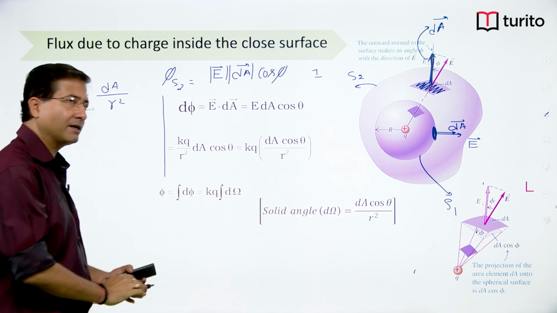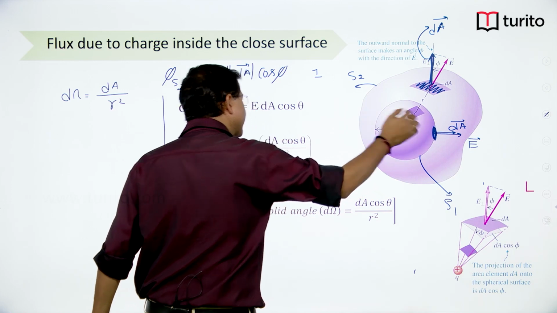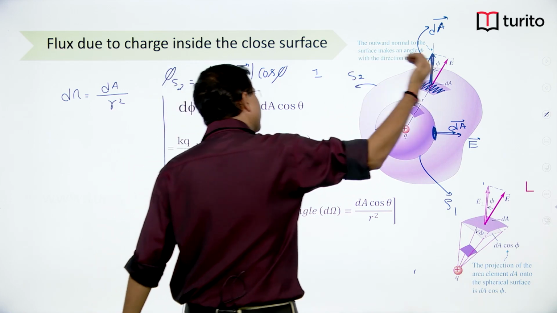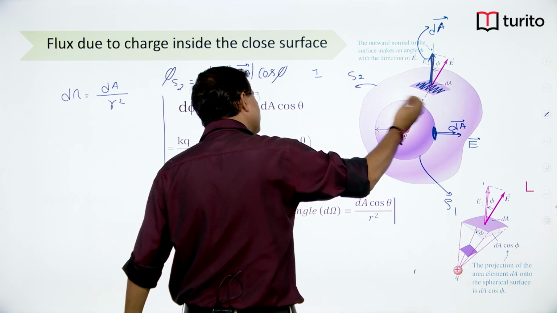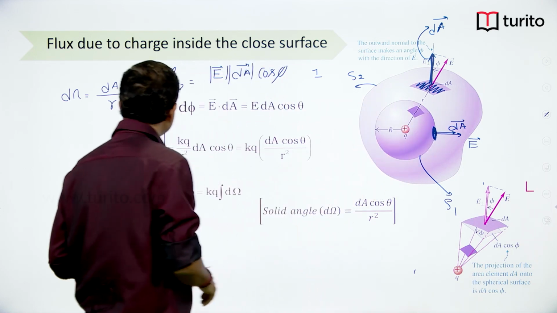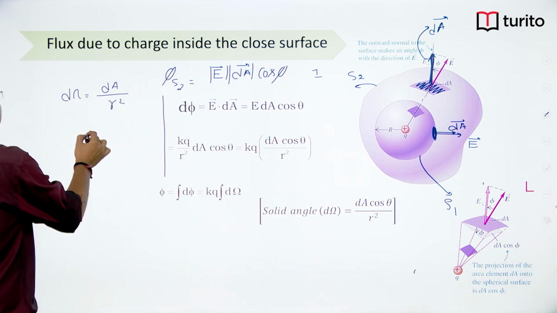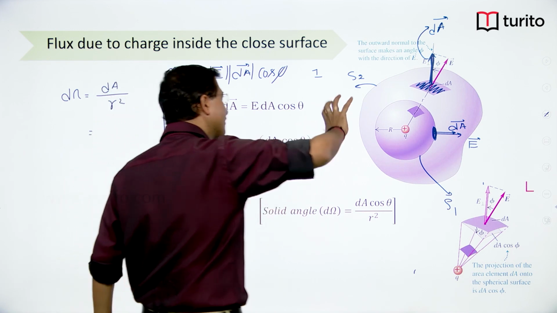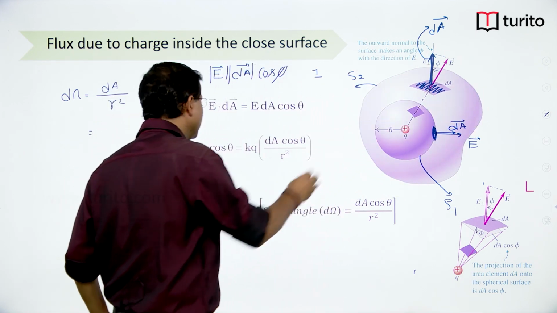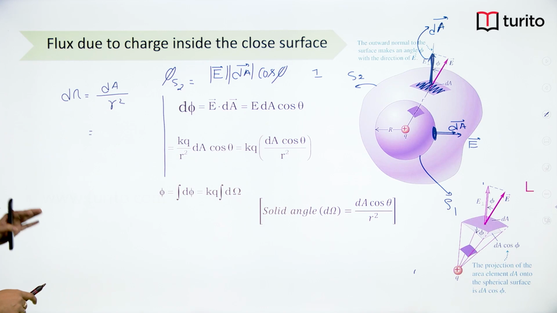So, if I take a sphere, whether you take the sphere or you take any surface, the angle subtended at the charge will be same. Anything which is covering the charge completely will subtend the same angle.